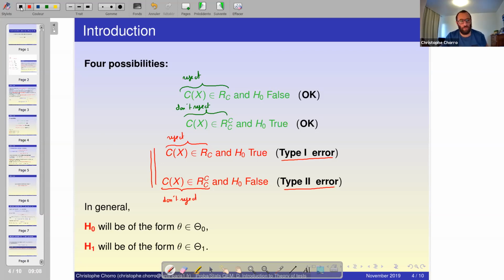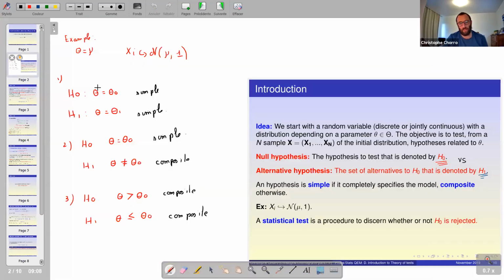From now on, I will consider a particular case of H0 and H1. If I come back to my previous examples, you see that all these three examples may be written in the following form. Theta belongs to a particular set of parameters that I denote by capital theta 0, for H0.